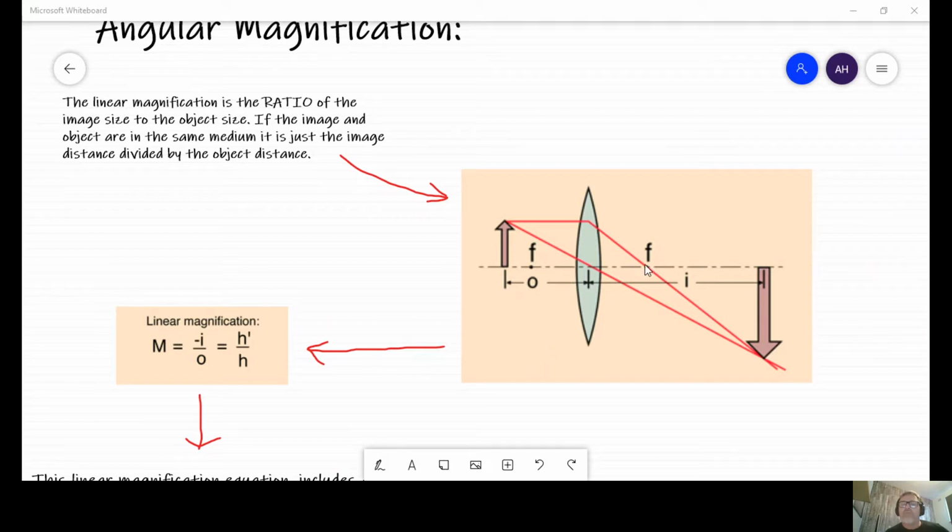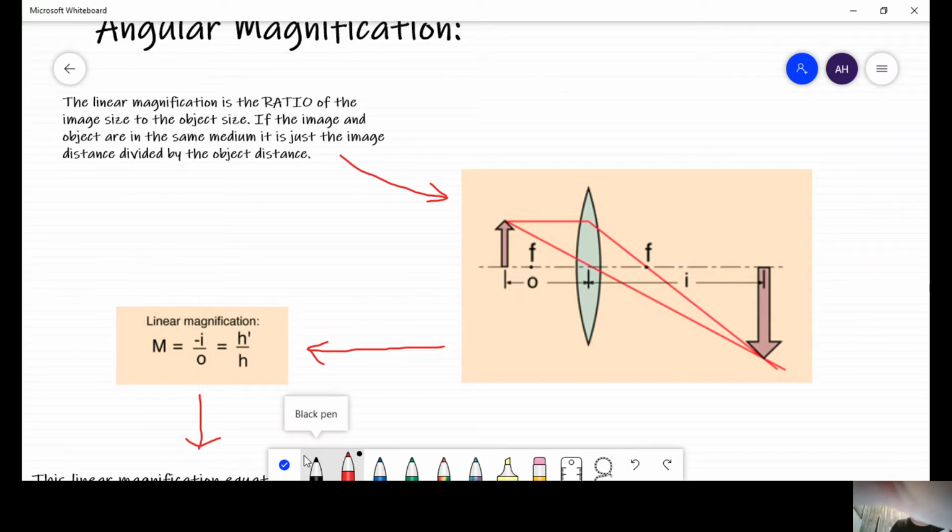But also, I form an image. As the light comes through here, I form an image through the lens, and I have a focal length of the image away from the lens. Do you notice how I and O are different? Notice how this one is only going to here, but this one is going all the way over to there.